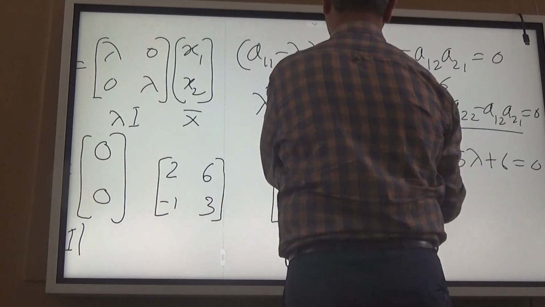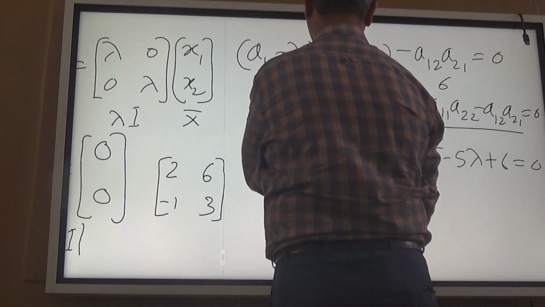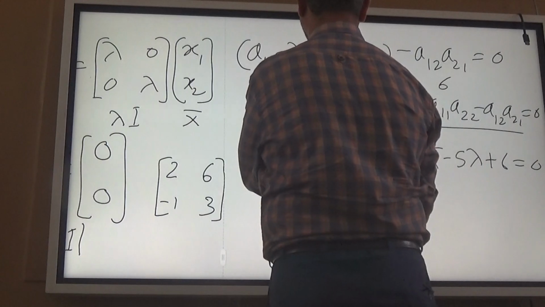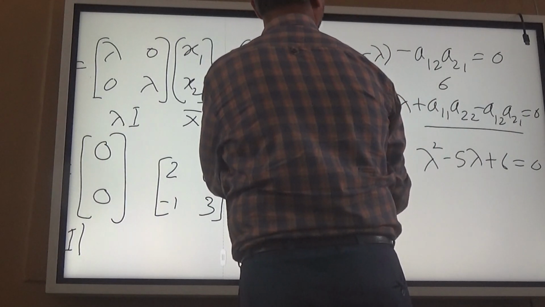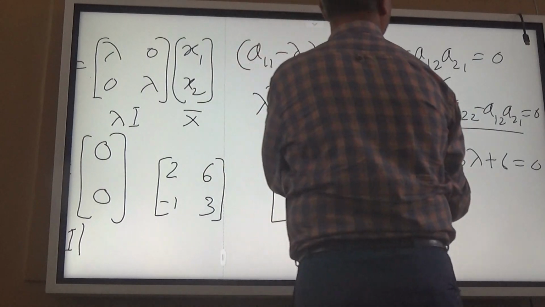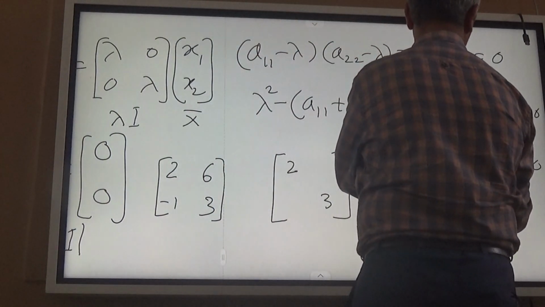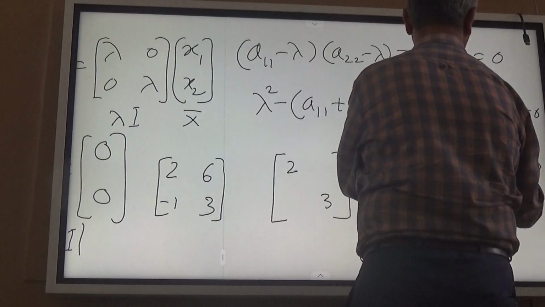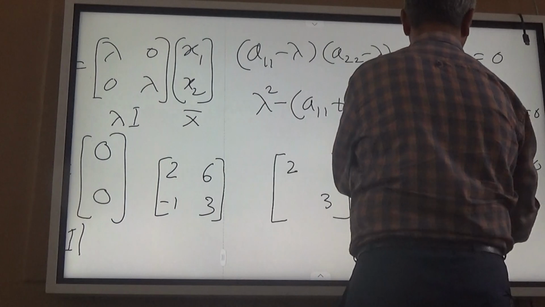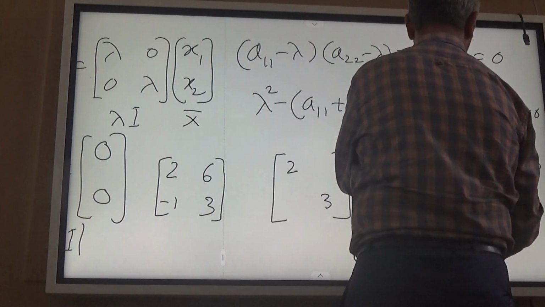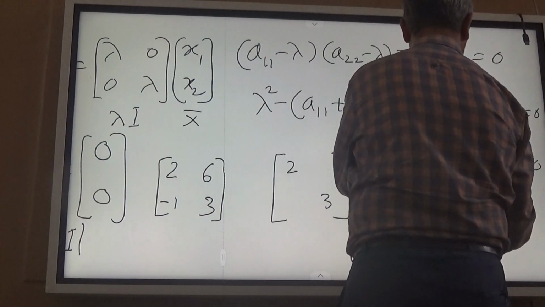In that case, again 0, 0 is proper? Yes or no? So minus 2 and minus 3, and then lambda minus 2.